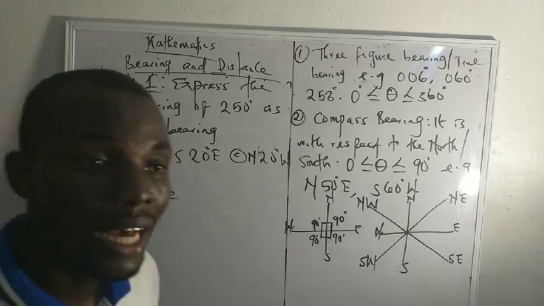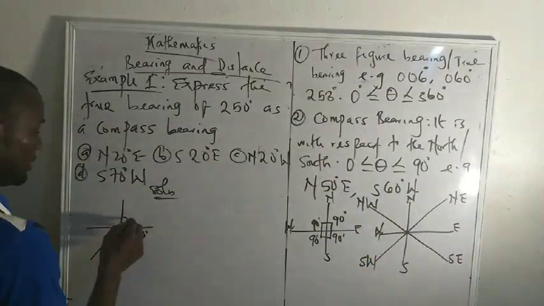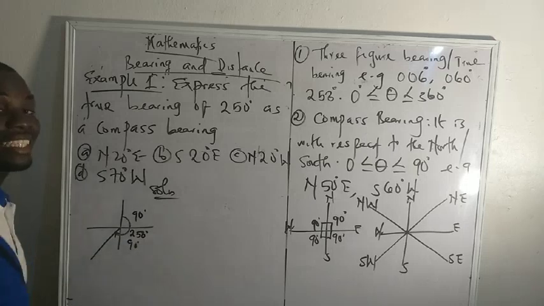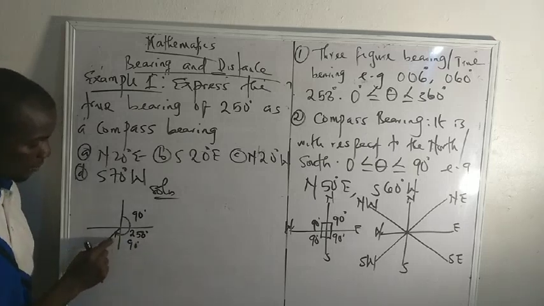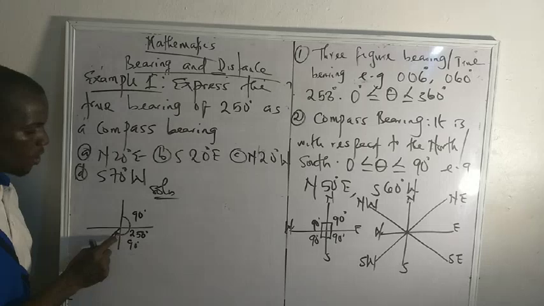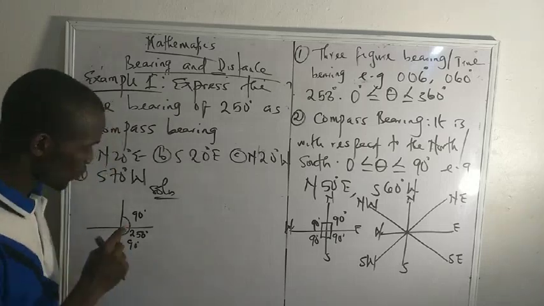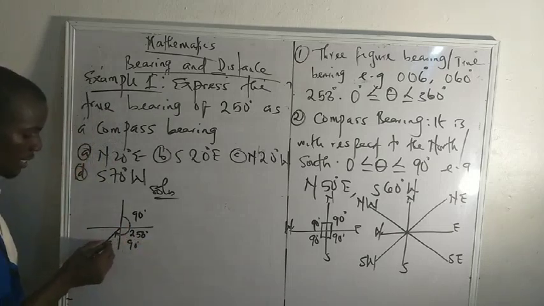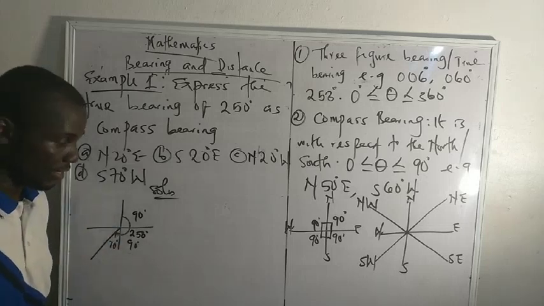But you know that each quadrant is 90 degree. So this is 90 degree, here also occupies 90 degree. Now this place is 180 degree already. What do we add to 180 degree that gave us 250? If you calculate well, you discover that there is a remaining angle here, and that is 70 degree.